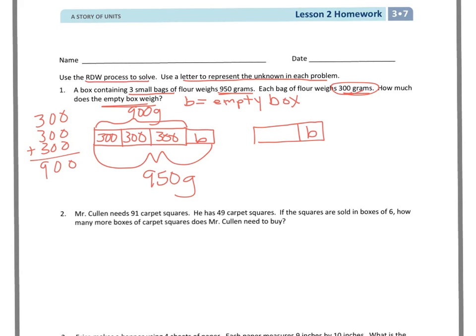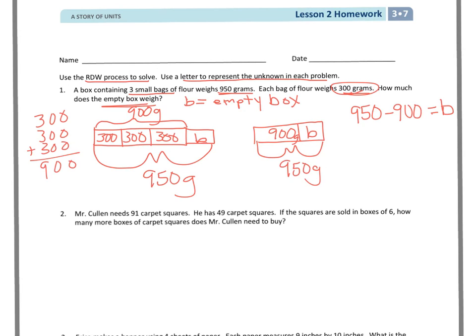I know that I don't know B yet, but I now know that those 3 bags of flour combined are 900, and I need to get to 950. So 900 plus something gets me 950, and the way I would solve that is I would subtract. And I would say 950 minus 900 is going to equal my B, my variable, my empty box.